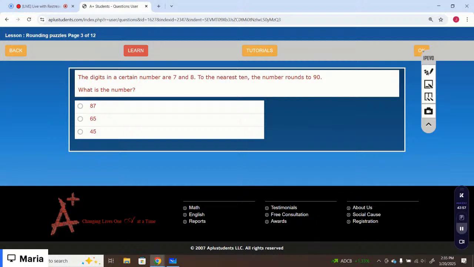The digits in a certain number are 7 and 8. To the nearest 10, the number rounds to 90. What number is it?